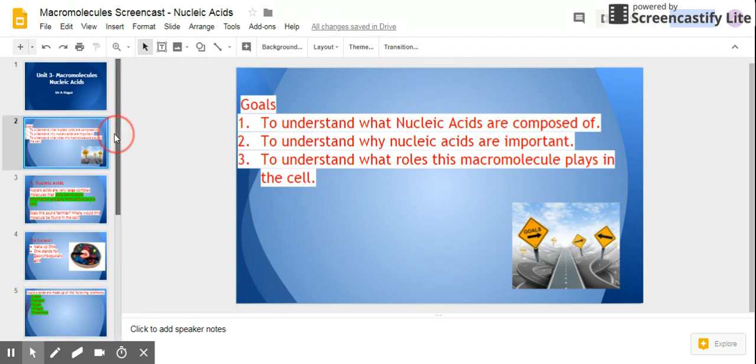You might be asking yourself also, in all of our other goals, we were always looking at what foods give us these macromolecules. And nucleic acids are actually found pretty much in any living cell.